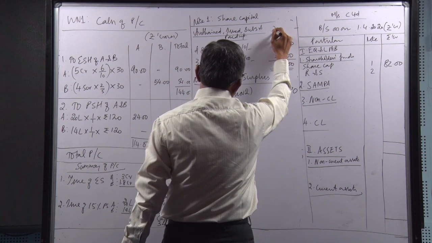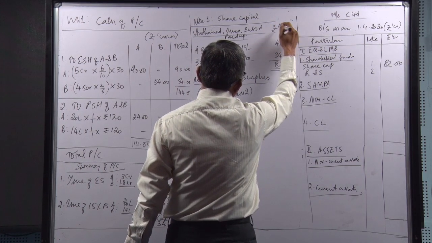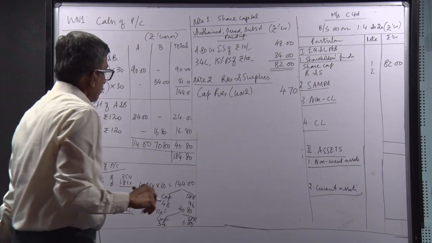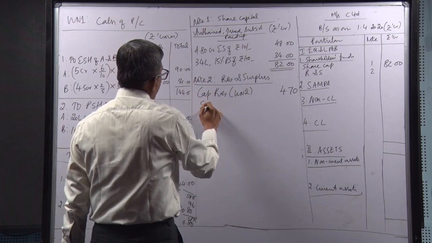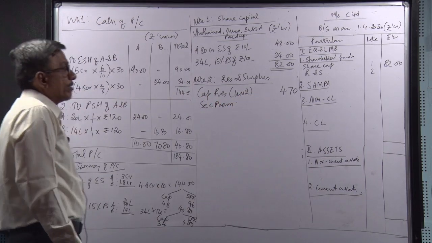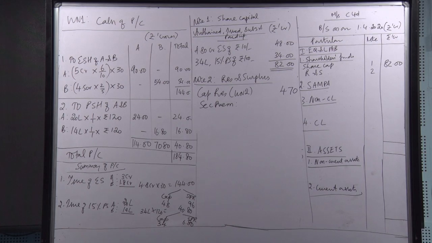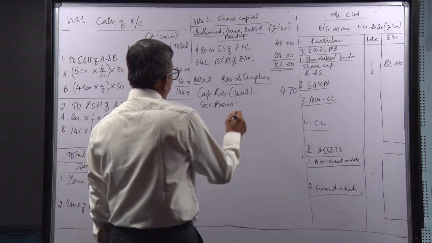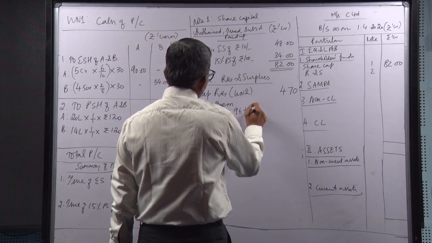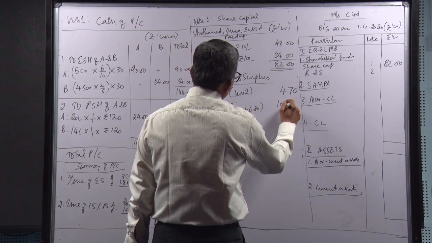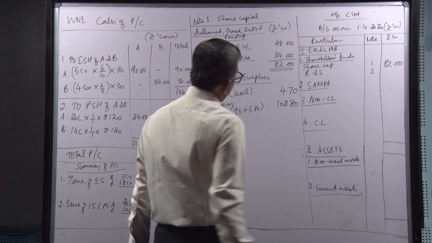All numbers in rupees crores. Then you see security premium. You refer the summary of purchase consideration, you will see security premium on equity share is 96 crores, preference share is 6.8. So total 96 plus 6.8, that is 102.80.